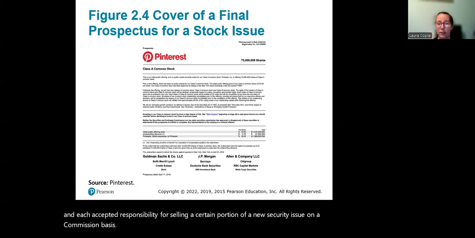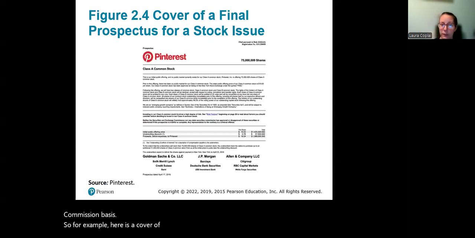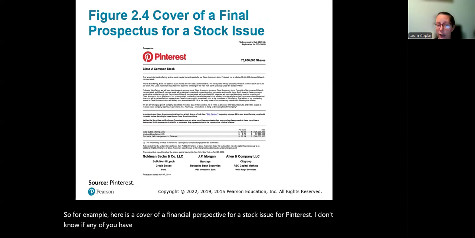So, for example, here is the cover of a financial prospectus for a stock issue for Pinterest. I don't know if any of you have used Pinterest, but it's kind of like an image sharing app and website. So at the bottom here, you can see Goldman Sachs, JP Morgan, Allen & Company.